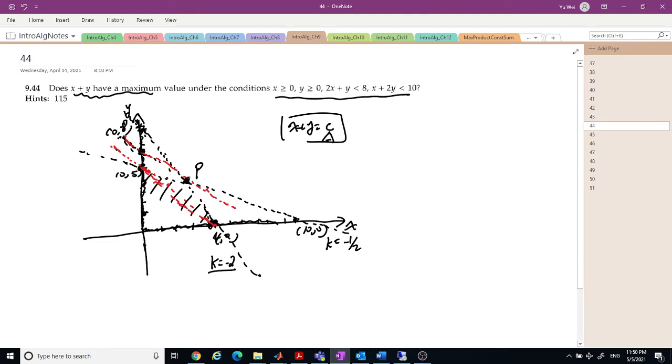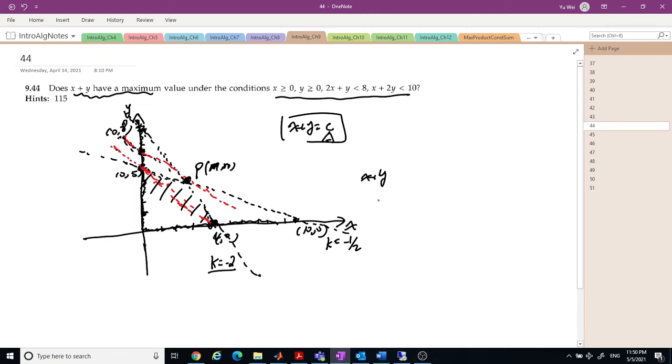So the biggest intercept c over this bounded region, of course, is passing through the P, right? But the problem is, let's see, if we can solve the P as the M and N, right? So it seems that the x plus y, the maximum is passing the M and N, right?